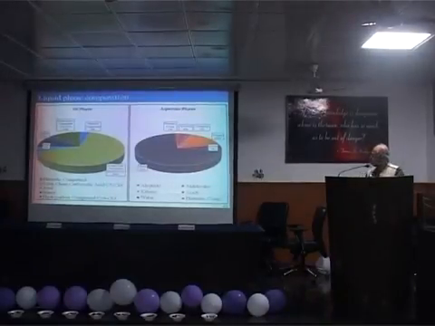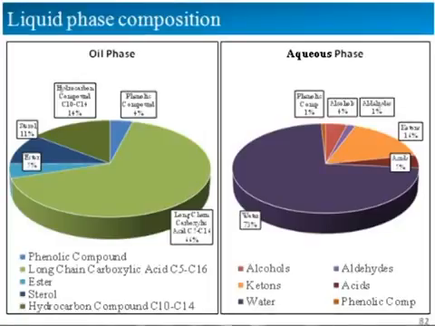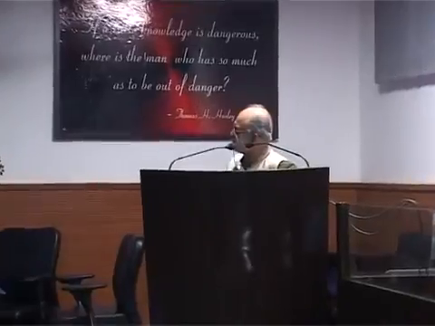This is a typical distribution which you get when you carry out the pyrolysis, and this shows you how much phenolic compounds are there, how much alcohols, how much aldehydes, ketones and acids, and the water quantity which is remaining there, because ultimately biomass also has H. Now that H, when combusted, is going to produce H2O, and that water is also going to get collected. Right? So let me just see, these are the characteristics of the biochar in terms of its surface acidity, surface basicity, electrical conductivity, surface area.